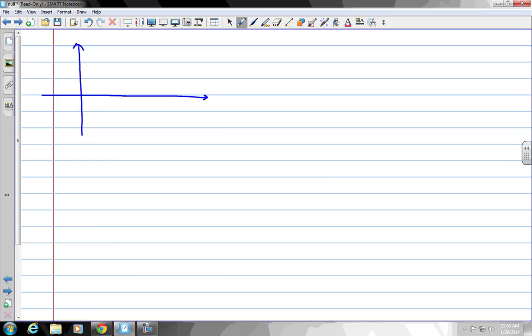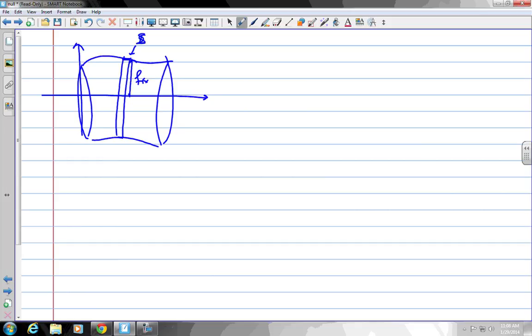But then we realized that when I do this rotation and I want to find the surface area, I'm taking those little strips and finding the area of each strip, and it came down to the arc length, S, times the height. The circumference is 2 pi r, and the r is the height.